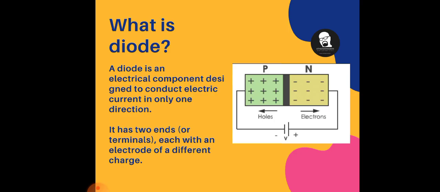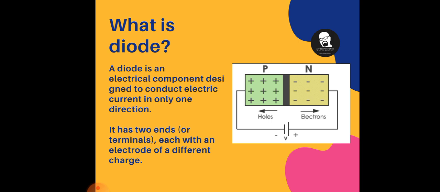Now, what is a diode? Diode is an active component. In the first chapter, we have seen the name of this device. This is an active component, means it is able to generate voltage or current gain inside it, and it is able to produce gain of the circuit.